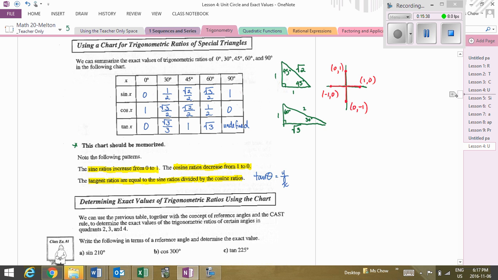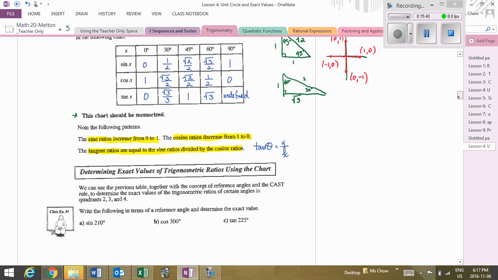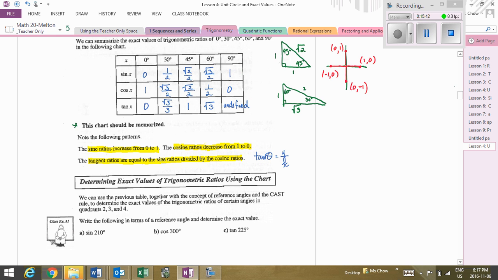So if we were using the table to determine the exact value, exact value means that we're not going to be able to use your calculator, because in some cases, any of those where we have a radical, we would end up with a decimal approximation using the calculator. So we want to use those exact values. We can again go back to the table. We can also use the CAST rule along with those special triangles.